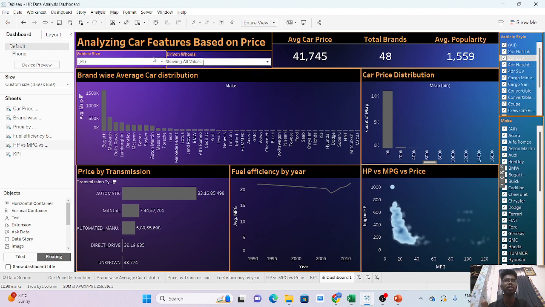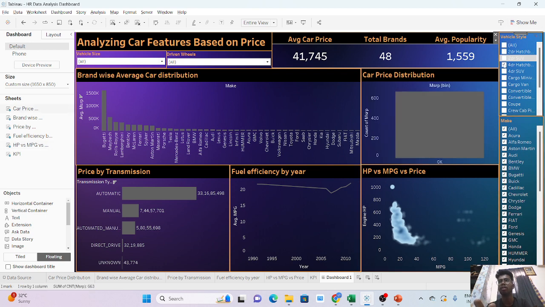We have included filters: vehicle size and driven wheels, and also vehicle style and make. So it's an interactive dashboard. If I click 4-door, it will show only the 4-door cars. It is also the same with driven wheels.